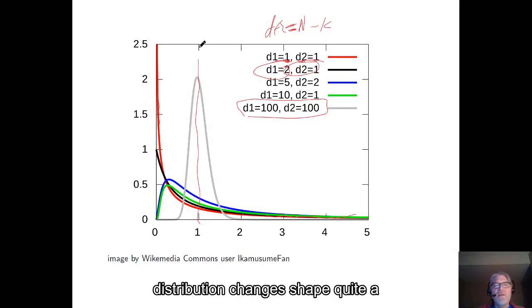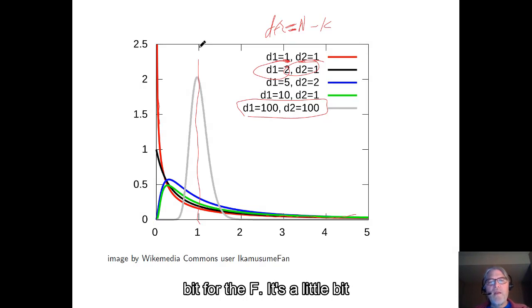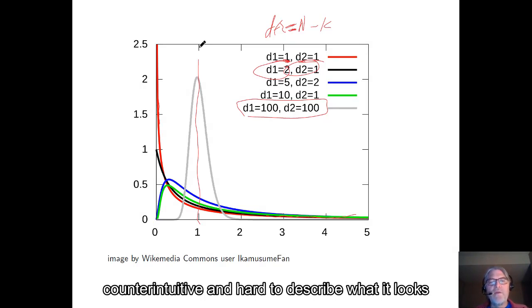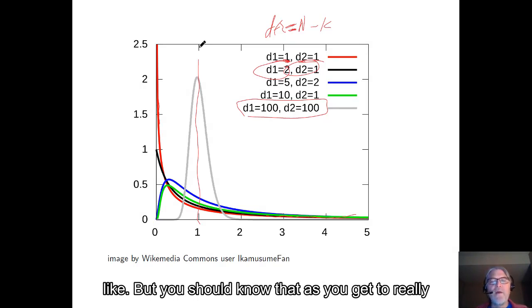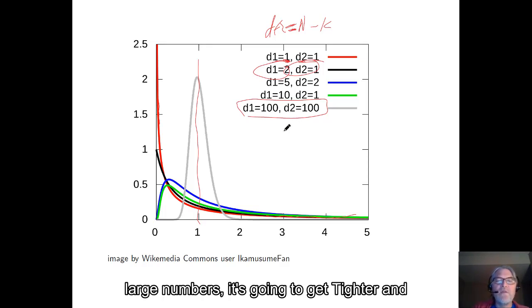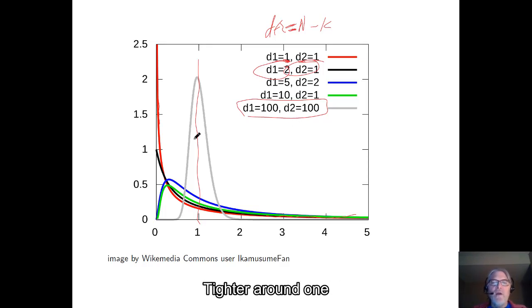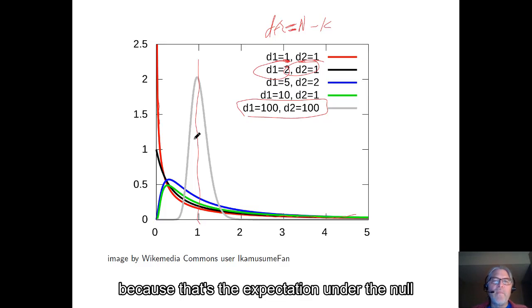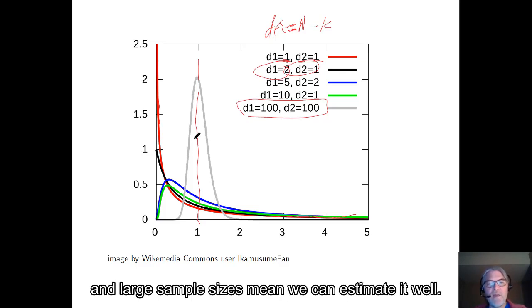Okay, so the null distribution changes shape quite a bit for the F. It's a little bit counterintuitive and hard to describe what it looks like, but you should know that as you get to really large numbers, it's going to get tighter and tighter around 1, because that's the expectation under the null, and large sample sizes mean we can estimate it well.